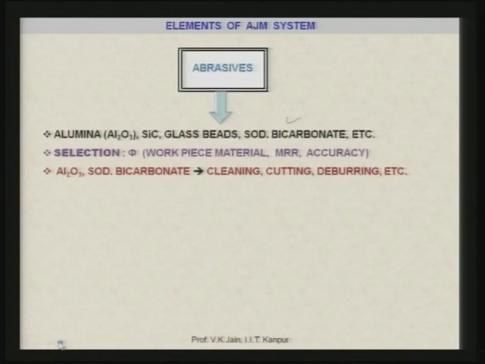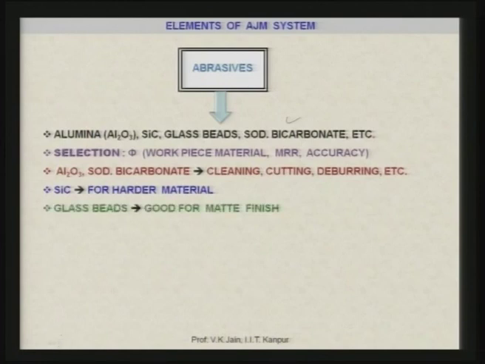Alumina, Al2O3, and sodium bicarbonate are normally preferred for cleaning the workpieces, for cutting, for deburring, etc. Silicon carbide is normally used for harder material as compared to alumina. Glass beads are good for matte finish.